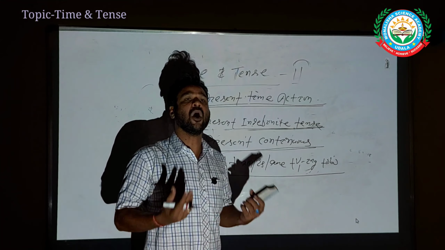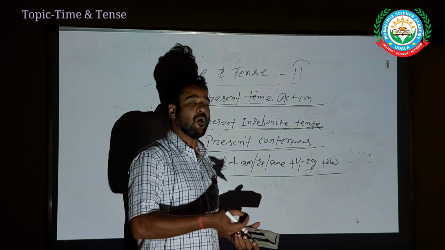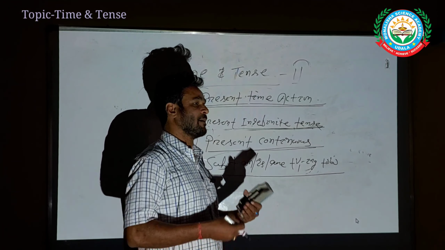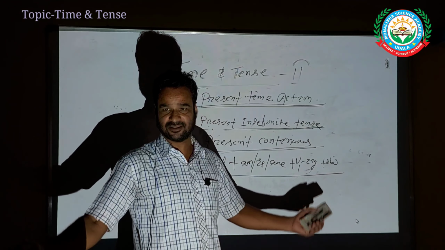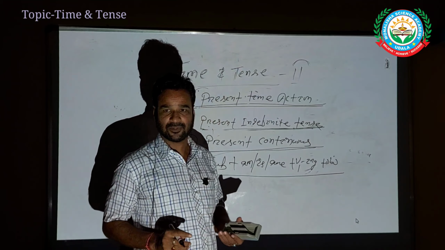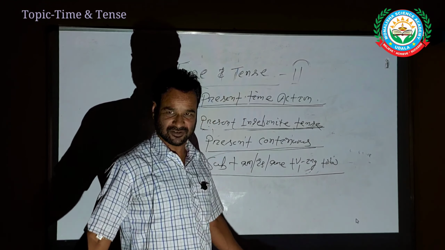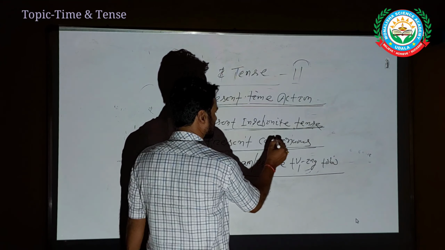Like now I am teaching, now I am having my dinner, now I am having my lunch, now I am talking to somebody. Now I am writing something, now I am talking to somebody over phone. These are examples of present continuous.